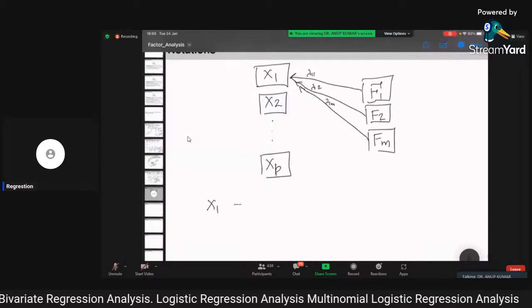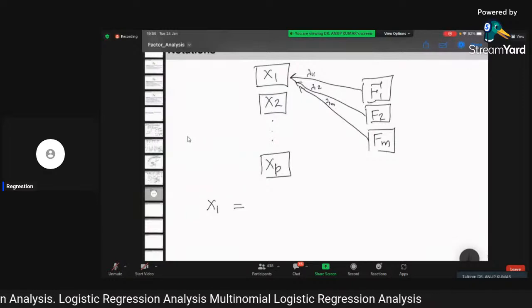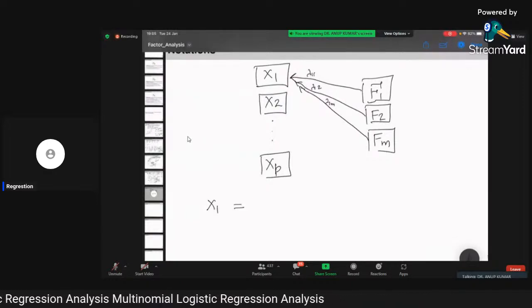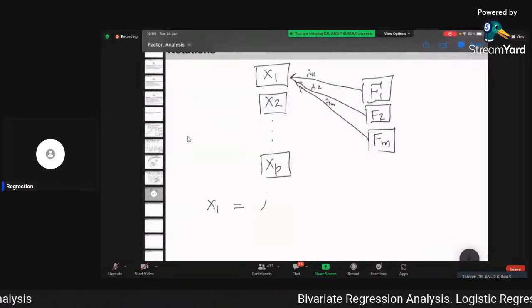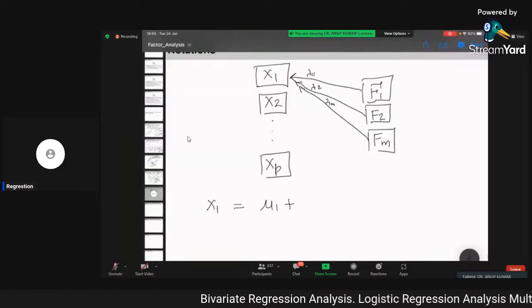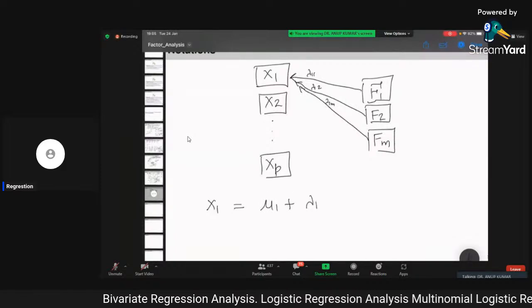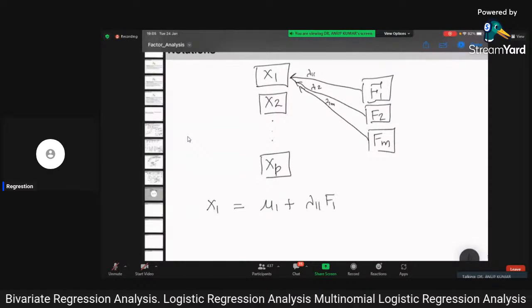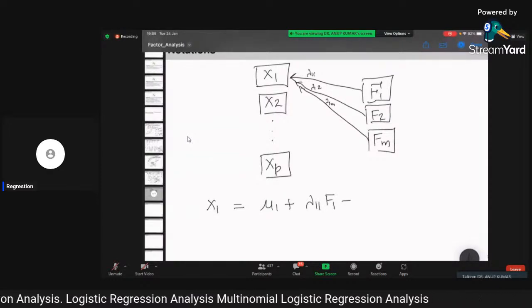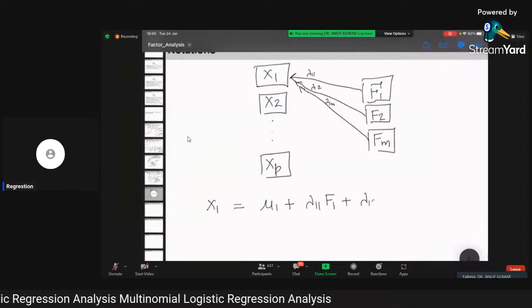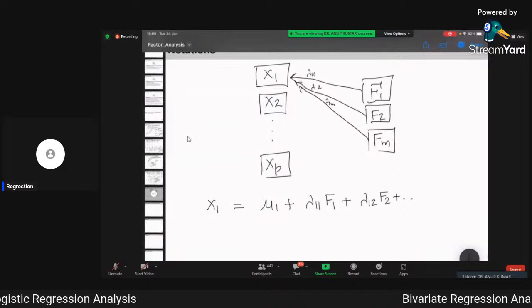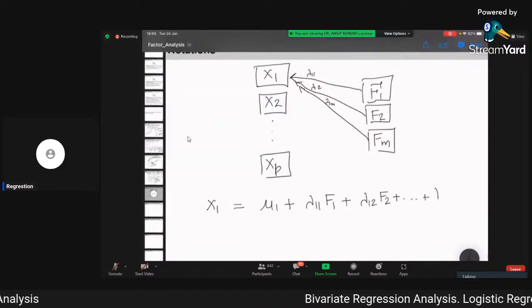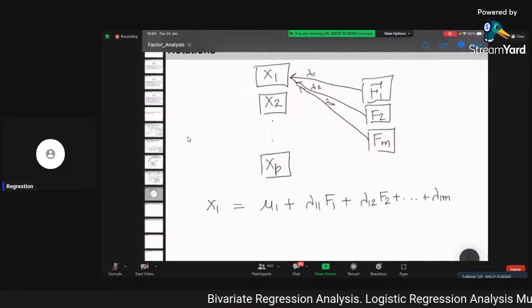Mathematically, I am trying to make a relationship between the observable x1 and the unobservable factors. It can be written as mu1 plus factor loading on 1 due to factor 1, plus factor loading on 1 due to factor 2, and similarly factor loading on 1 due to factor m.